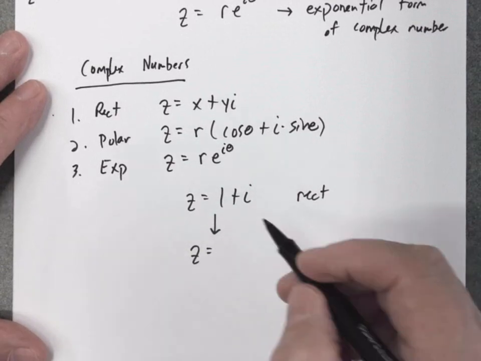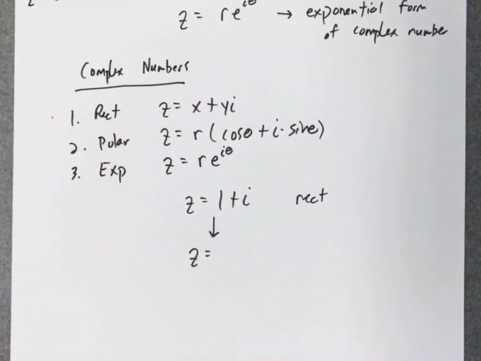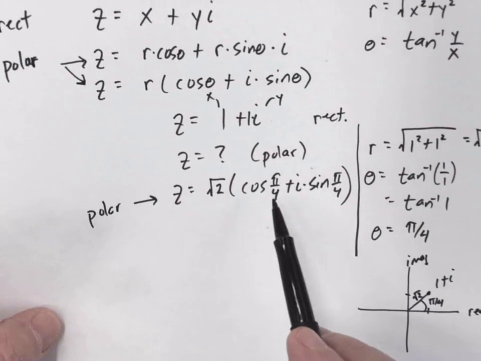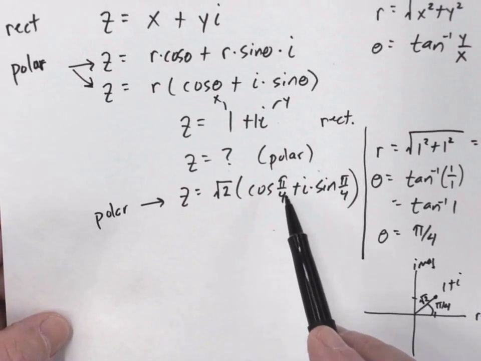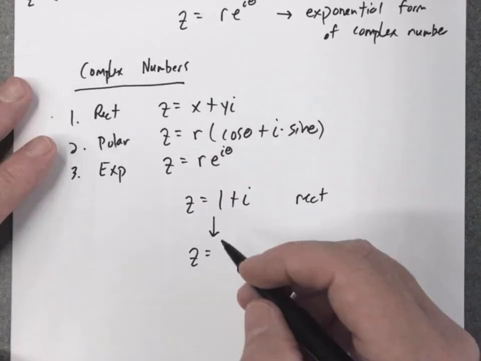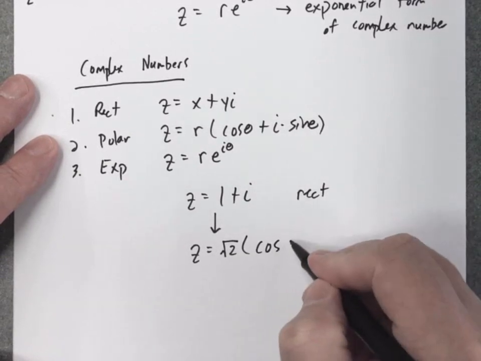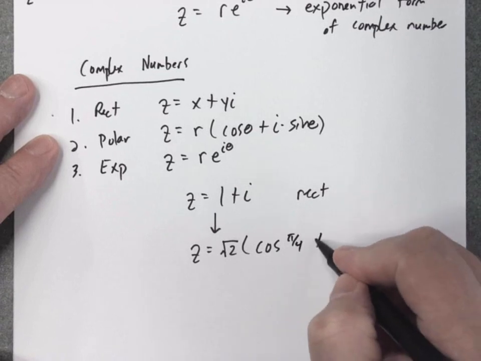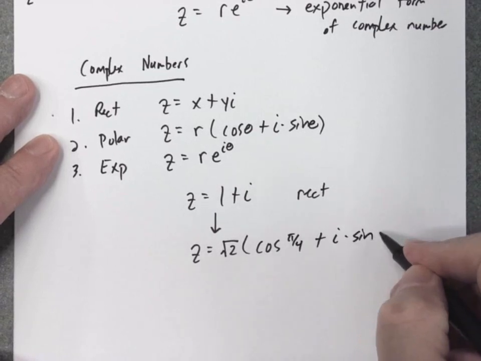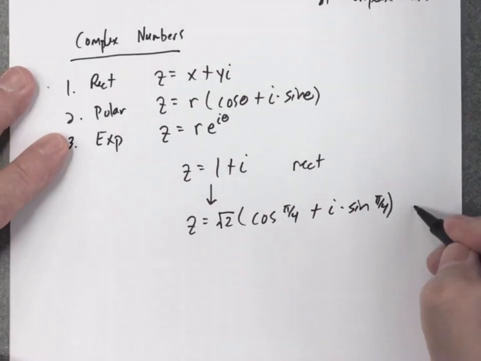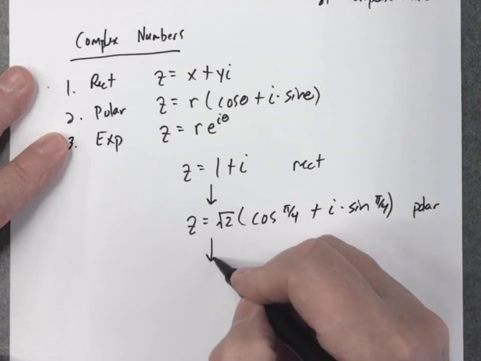And the polar form, if you remember, we found out that r was square root of 2, theta was pi over 4. So if we write this in the polar form, it was square root of 2 times cosine of pi over 4 plus i times the sine of pi over 4. And now, so this is the polar form, but there's a third way.